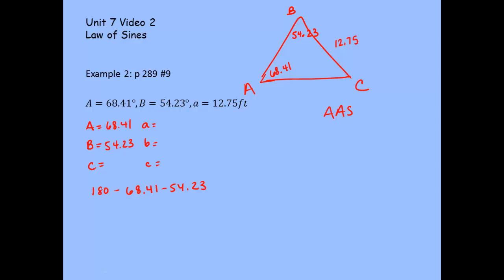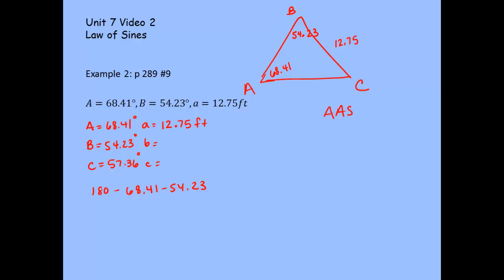So 180 minus 68.41 minus 54.23. Again, you do not have to show work for that. This is 57.36. That's a geometry skill I'm assuming you have. And then I know that I have side A, which is 12.75 feet.